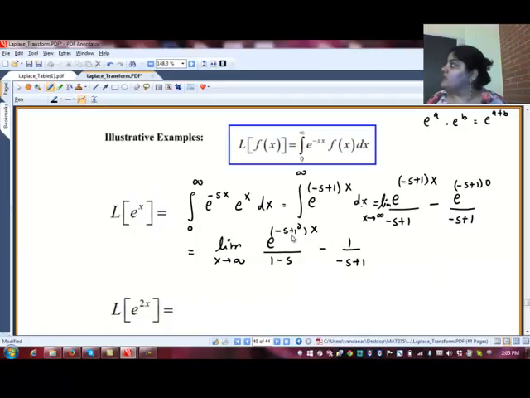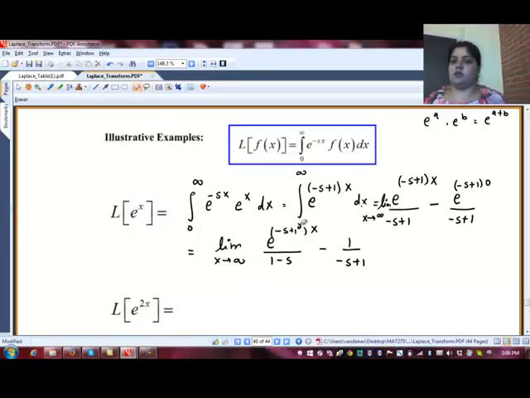What happens to this term as x approaches infinity? What can you say? Tell me, what will happen to this term?